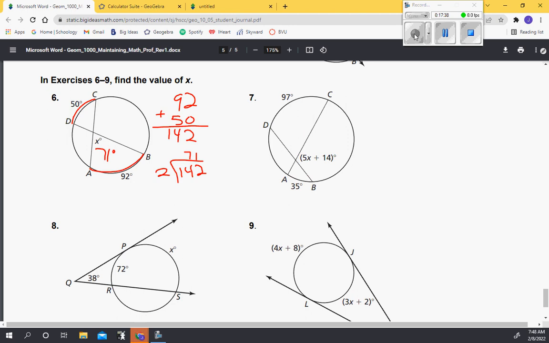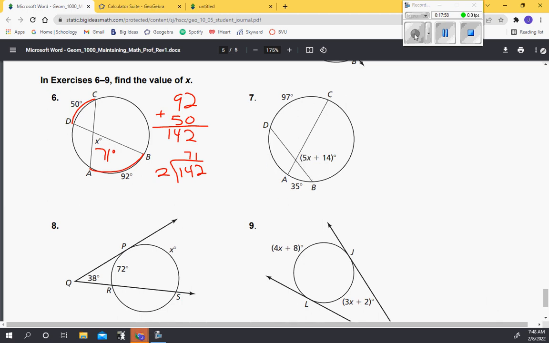So what we have to do, this part makes you think a lot. We have to find this measure and this measure. They're the same, right? Those red angles, because of vertical angles.